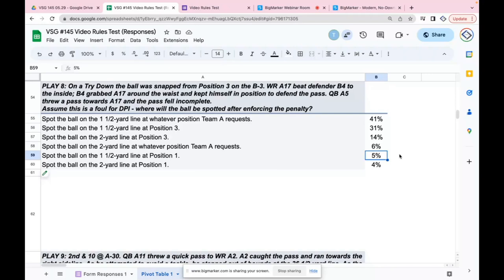What are we doing? I'm looking. Are we going to the 2, position 3? Well, I'm giving it away. Yes. Are we going to the 2, position 3, or are we going to the 1.5, position 3? 2. Where's the doggone, well, that's interesting. I think you said the opposite, didn't you? Or did you not? What am I missing? All right, here we go. You said it's first and goal. It's different. It's not a try.